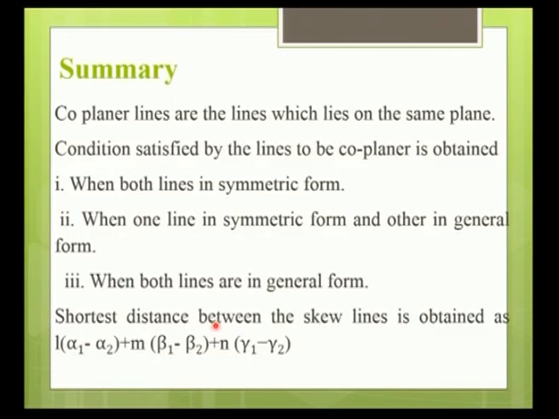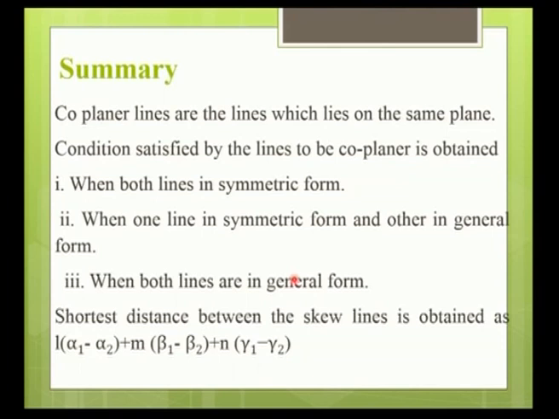So, from this problem we learnt how to find the shortest distance between two lines. From this lecture we learnt the condition for two lines to be coplanar, and the definition of coplanar lines: coplanar lines are lines which lie on the same plane. The condition for lines to be coplanar was obtained in three forms: when both lines are in symmetric form, when one line is in symmetric form and the other in general form, and when both lines are in general form.